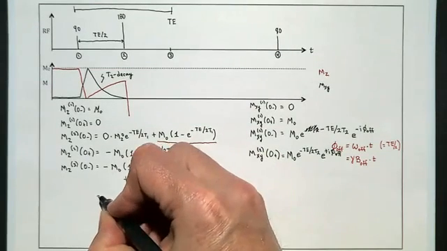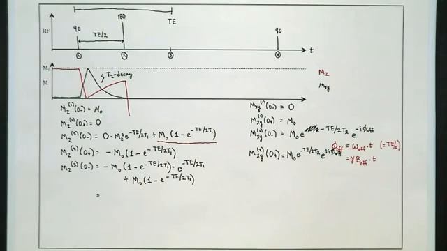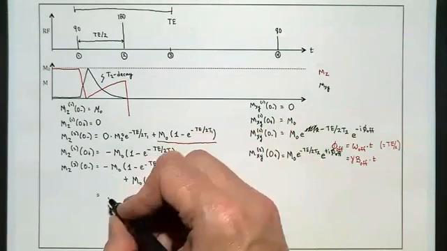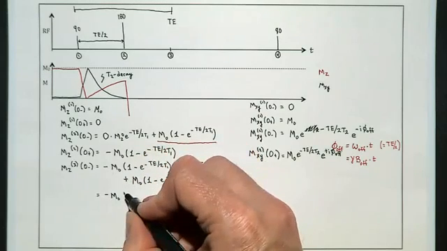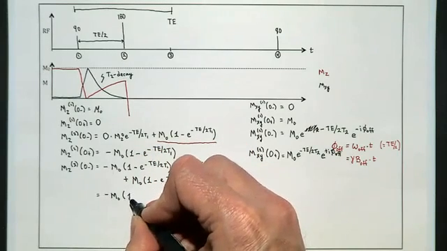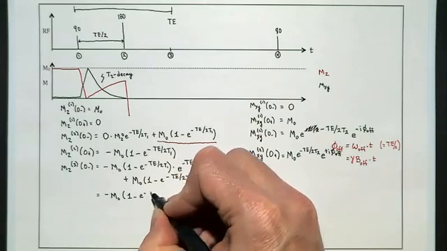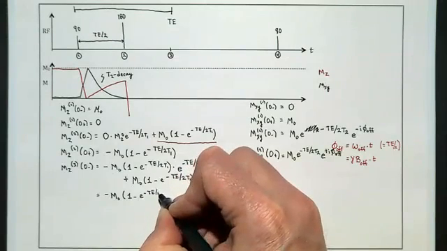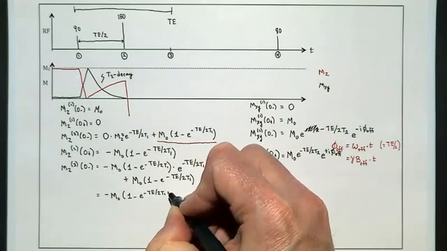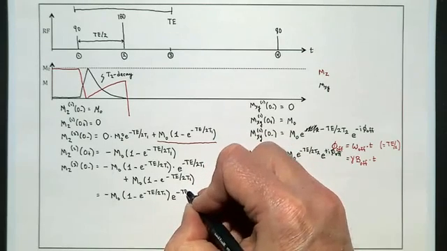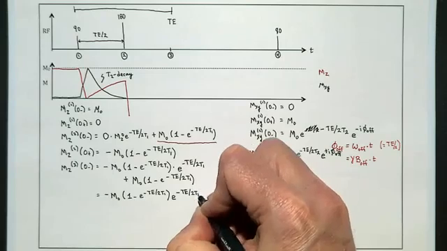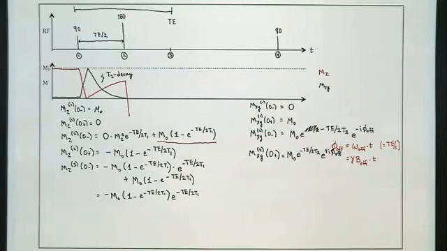A little bit of algebra here will simplify things. I'll write out some steps here. Collecting some terms, minus M0 times (1 minus e to the minus TE by 2T1) times e to the minus TE over 2T1. That's just rearranging terms a little bit.